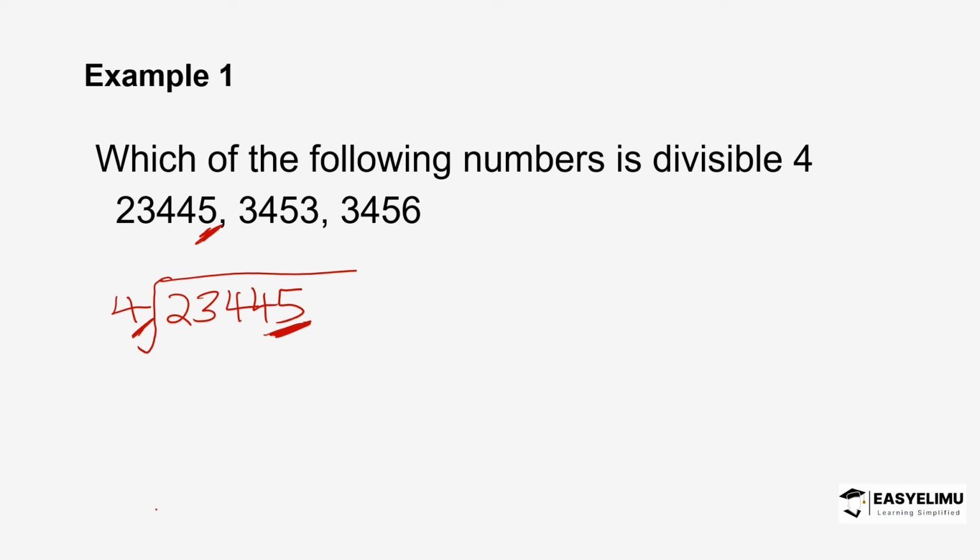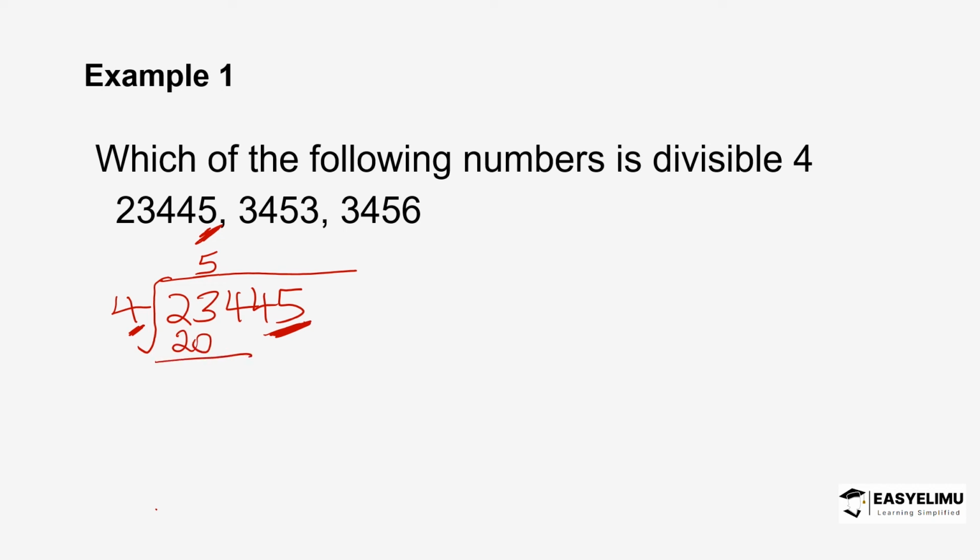As we have seen in the previous videos, you have to check whether the first digit is divisible by the divisor. This is smaller, so it's not possible. So you pick the first two. 23 divided by 4 is 5, and 5 times 4 is 20. Then you simply do the subtraction.